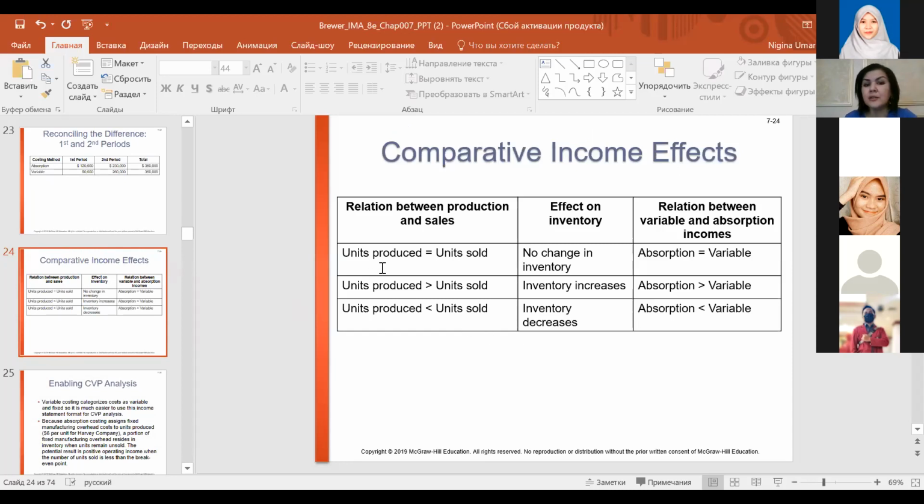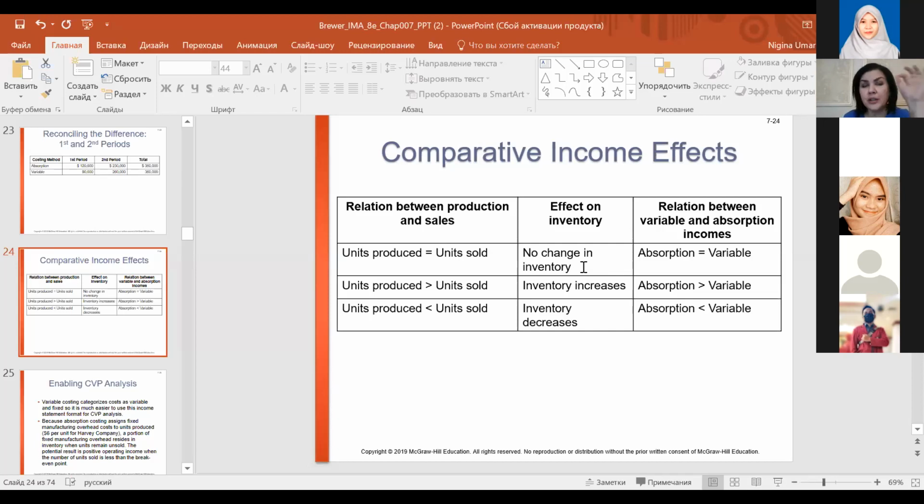So let's look at this table, comparative income effect. When units produced equal units sold, everything that the company produced during the year is sold out. Let's say the company produces 25,000 units, and if it sells 25,000 units, there is no change in inventory, between beginning inventory and closing inventory.